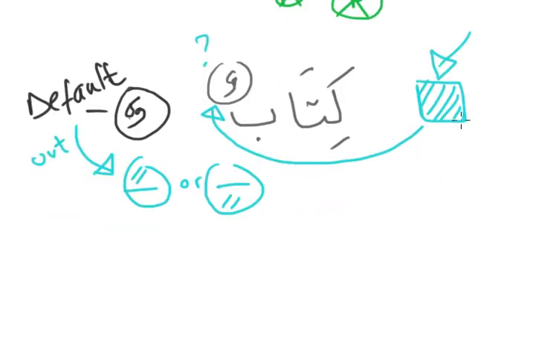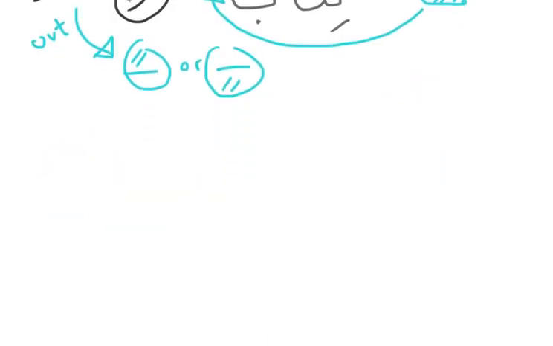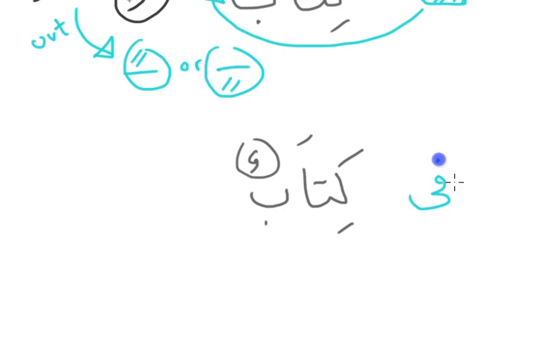Let me give you an example. Let's take the word kitab again, and let's add another word before it, and see what happens. So we have kitabun. Now if we were to add, let's say, fi before it. Now fi means in in the Arabic language, and it's a particle.